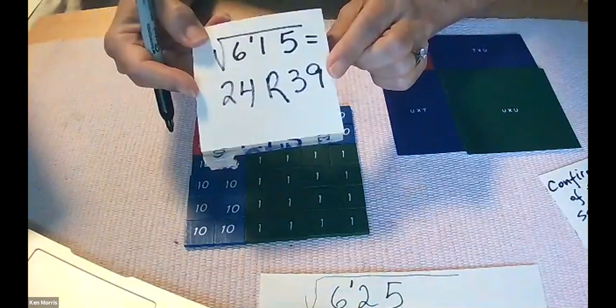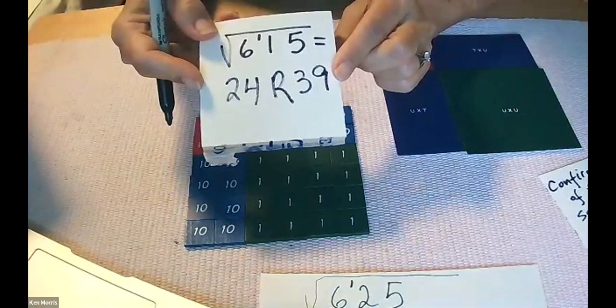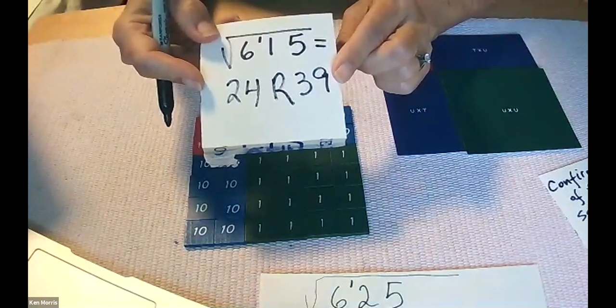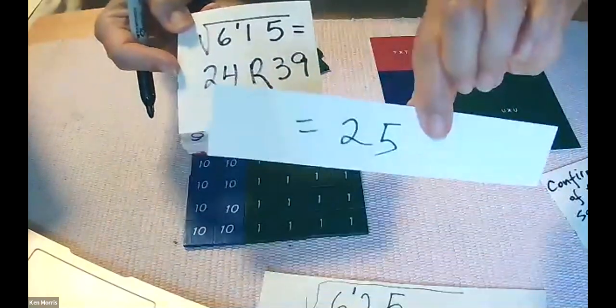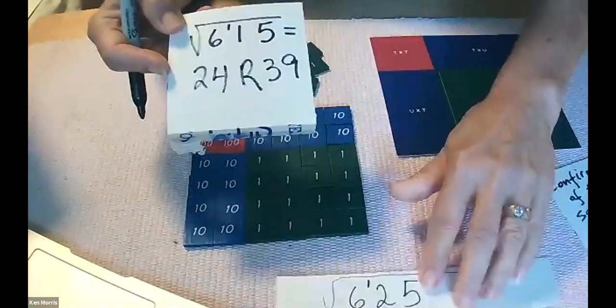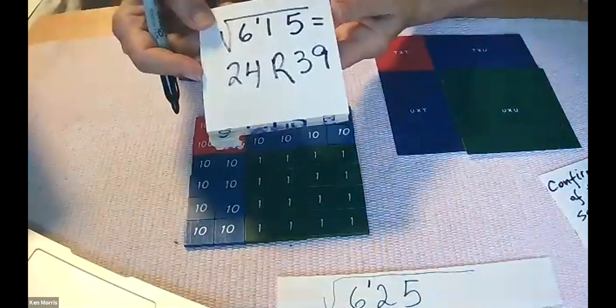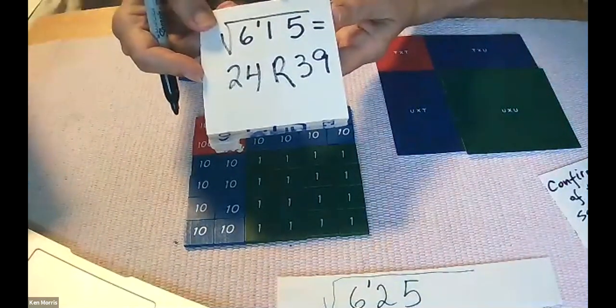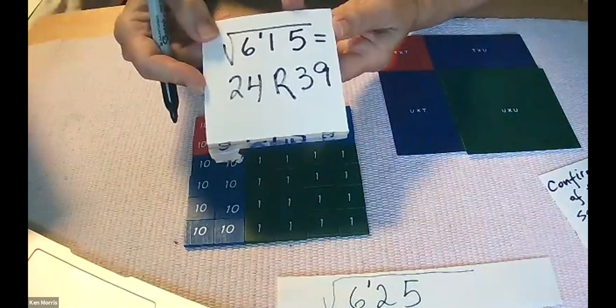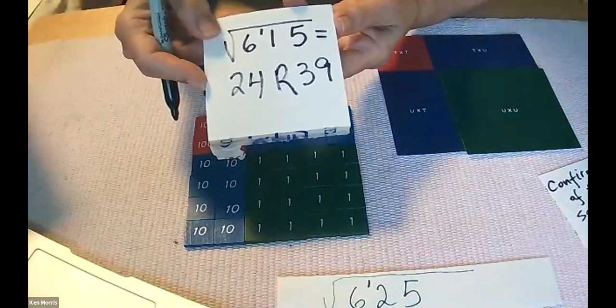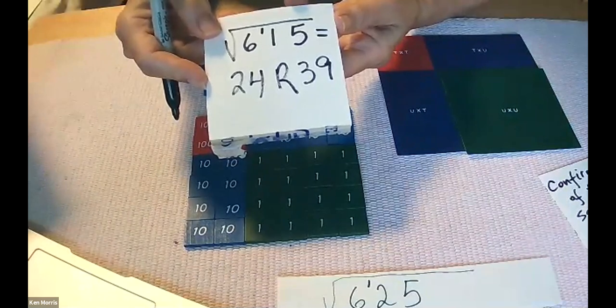We needed 10 more beads. If we'd had 10 more units, we would have been able to make the perfect square of 25, right? But we didn't have the 10 more units. So we had to go back to 24 with a remainder. So we could say that 615 is not a perfect square.